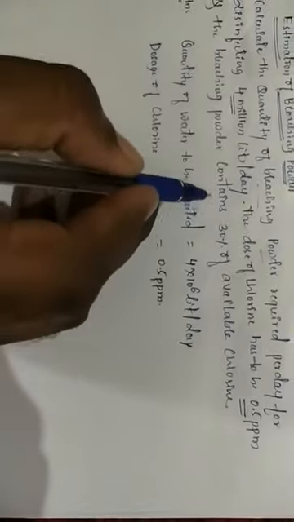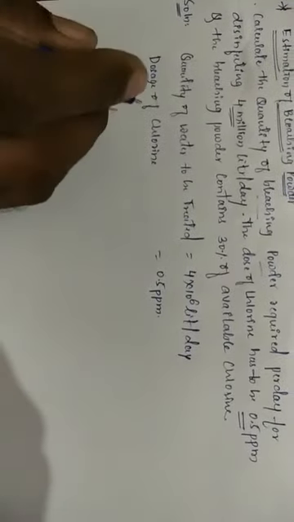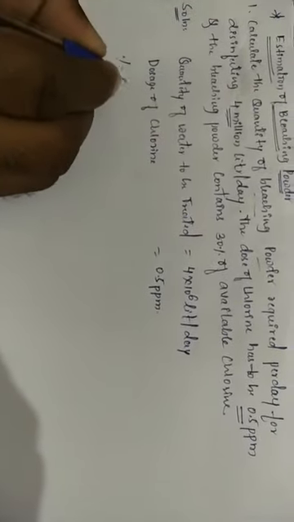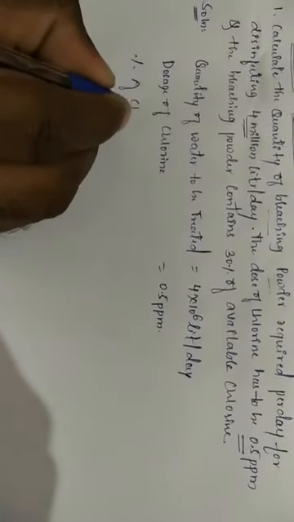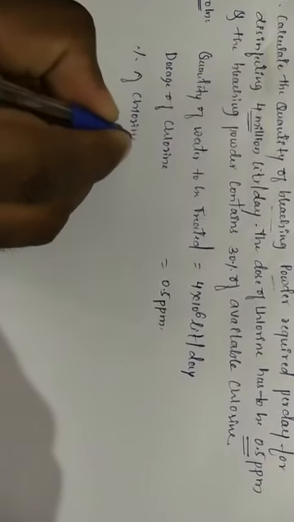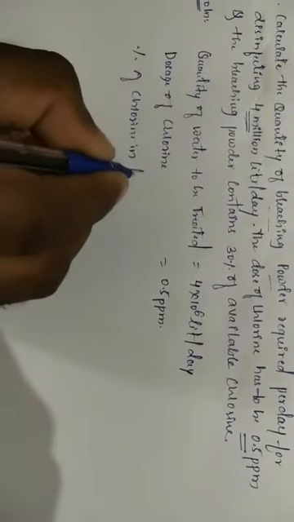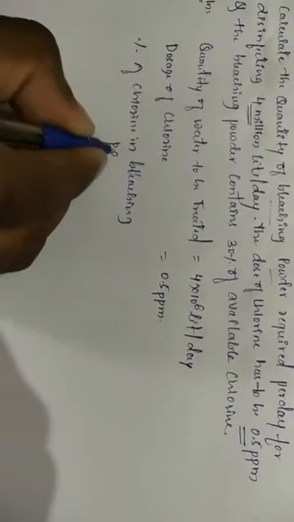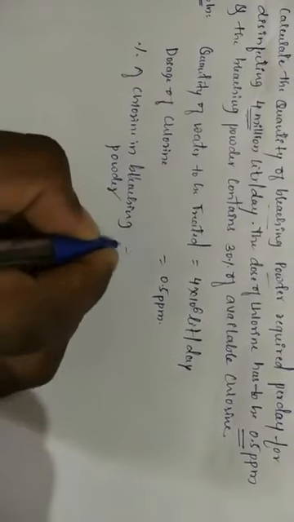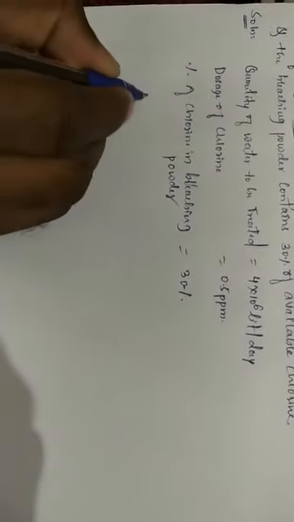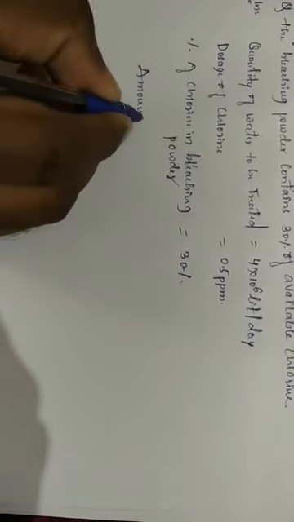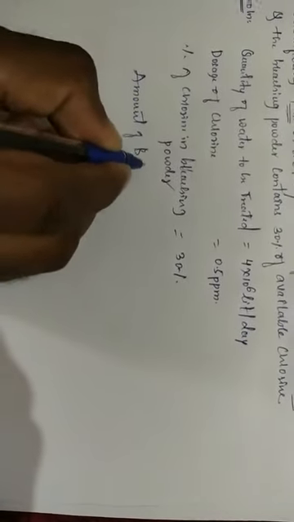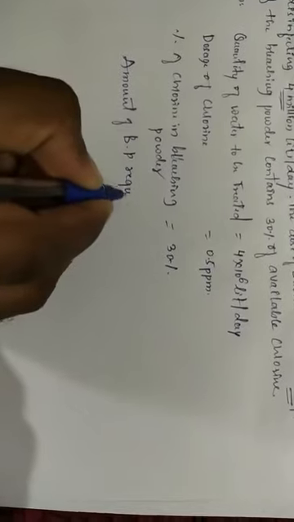The percentage of chlorine in bleaching powder equals 30%. What they have asked is the amount of bleaching powder required.